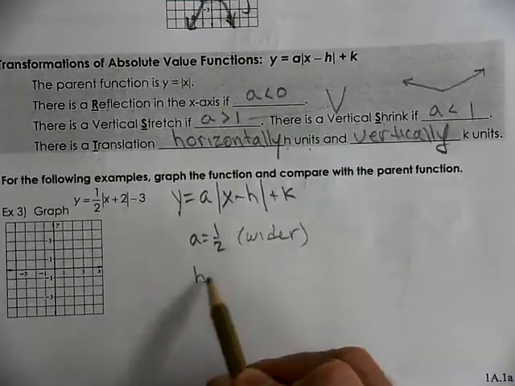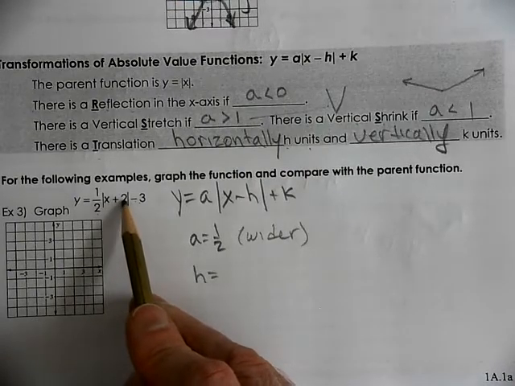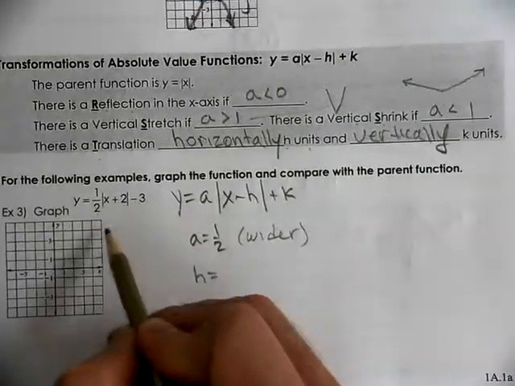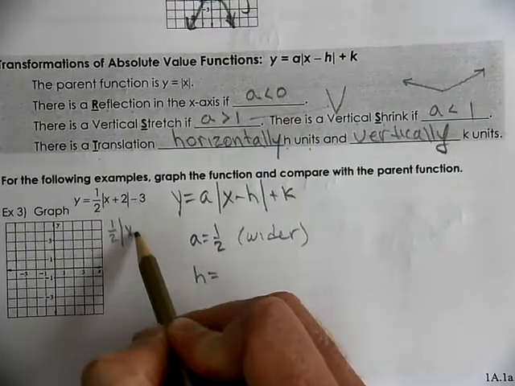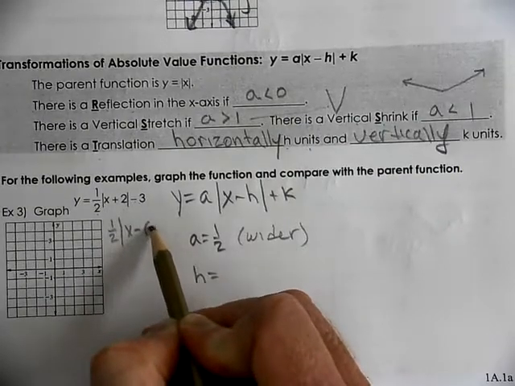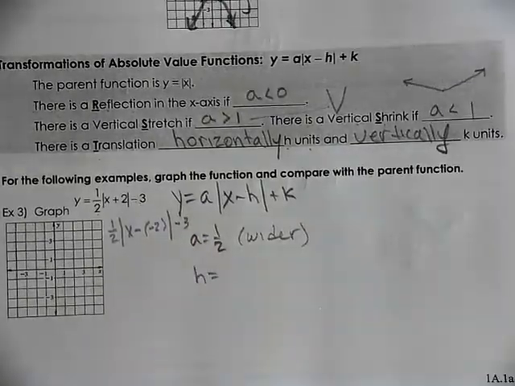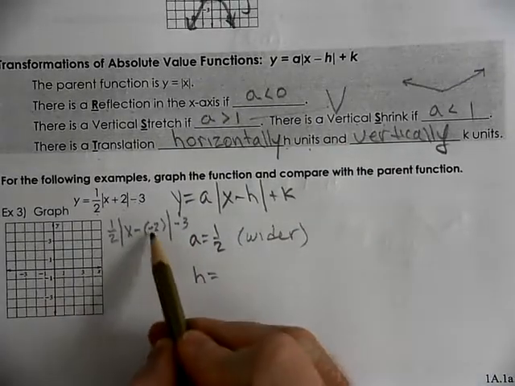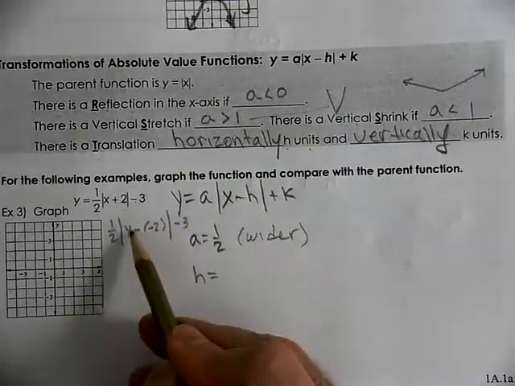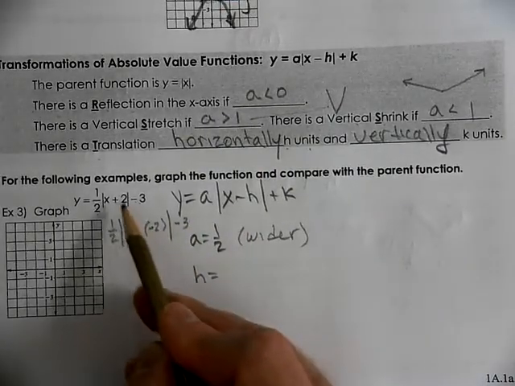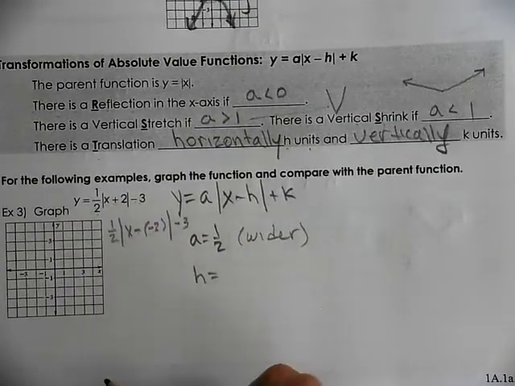My h value, this says plus 2. So for us to get a plus 2, we could consider this to be x minus a -2. So that means the h value is actually -2, because remember the formula has x minus h. So for this to be a plus, we needed 2 negatives to make a positive.